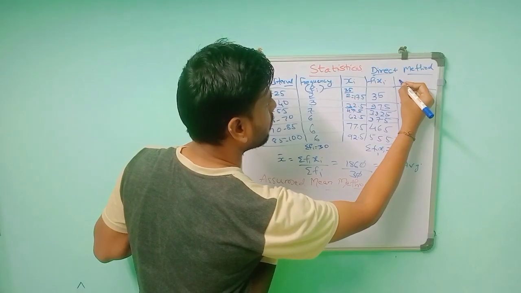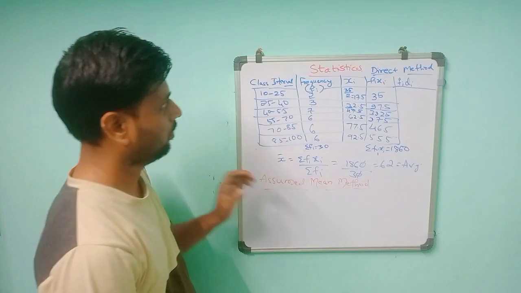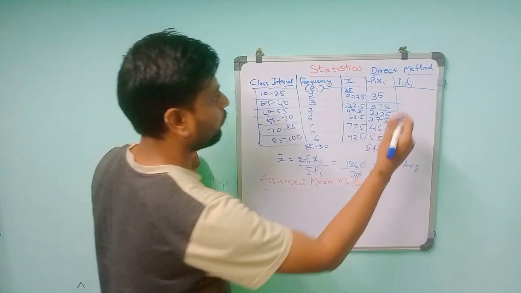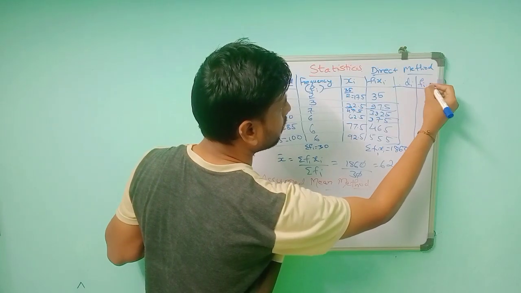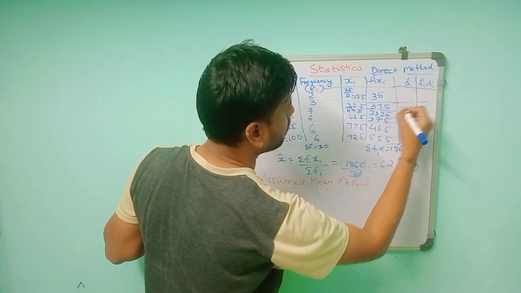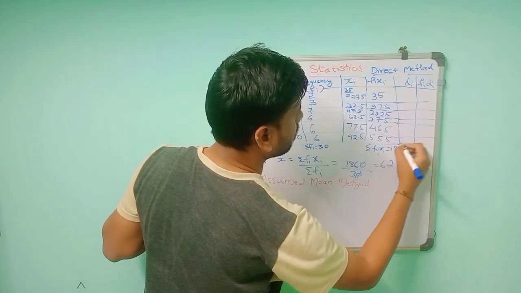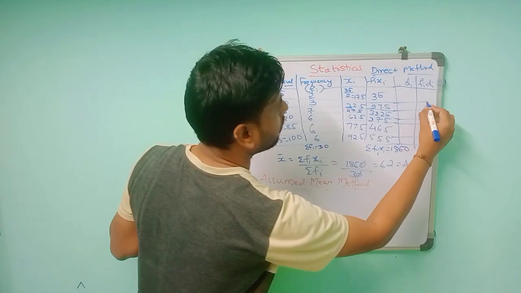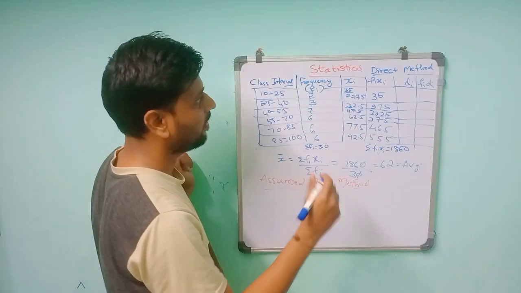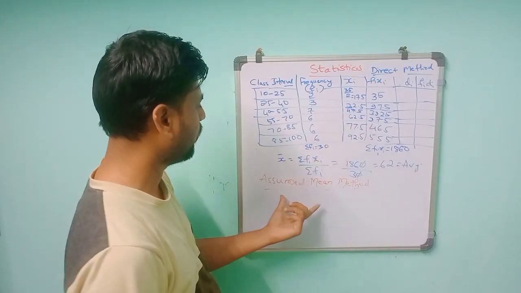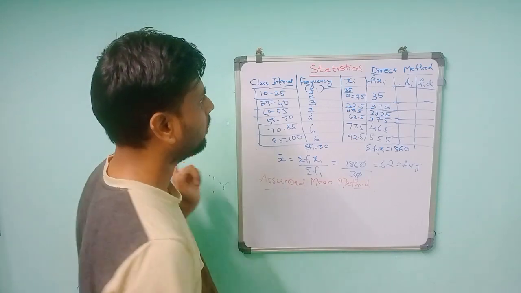If we take fi di, to find the fi di, we have to first find out the di. So what does di mean? Di means, from xi we have to assume one value. As the name suggests, assumed mean method means we have to assume one value of that xi.